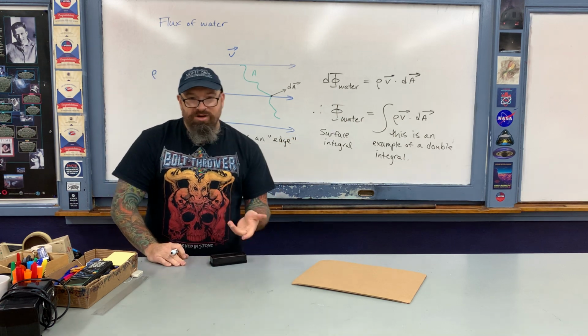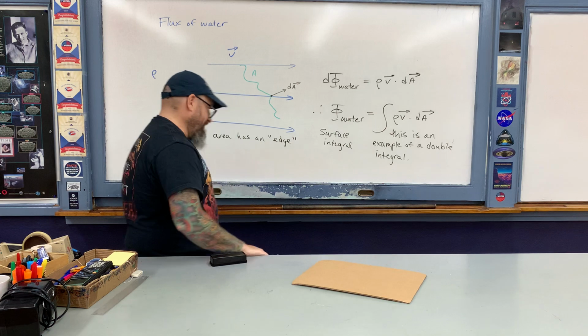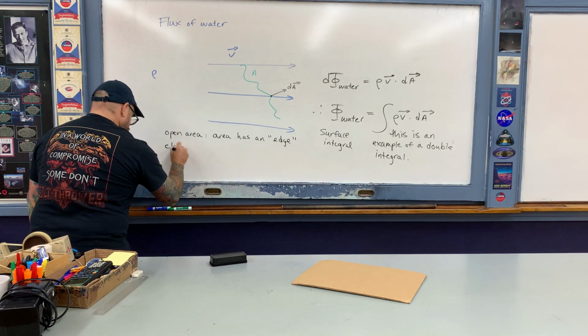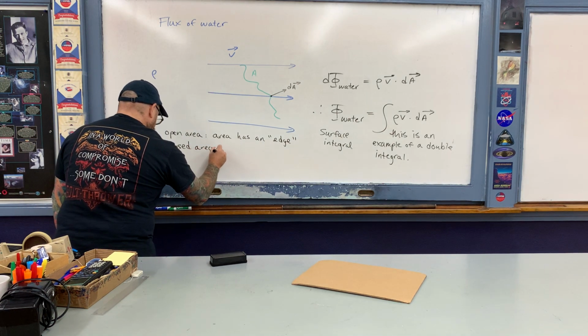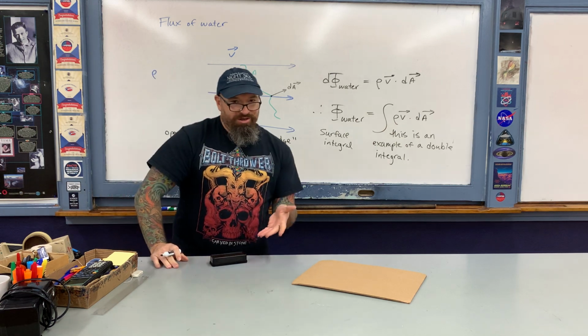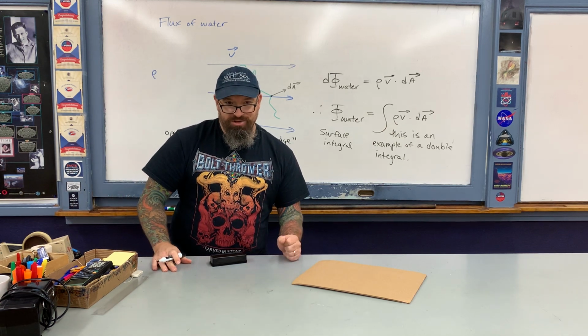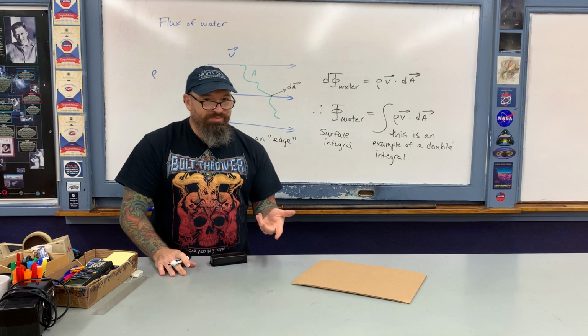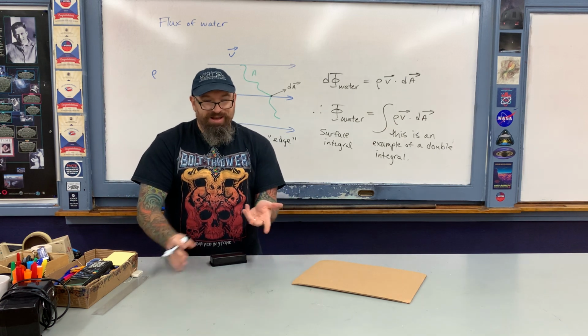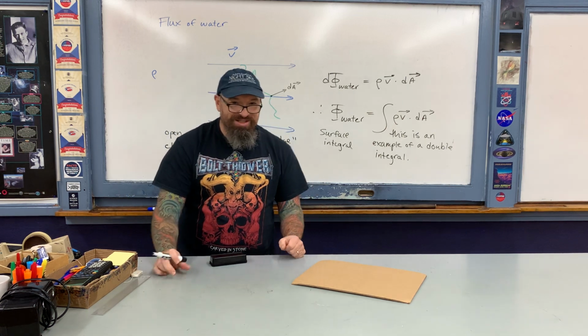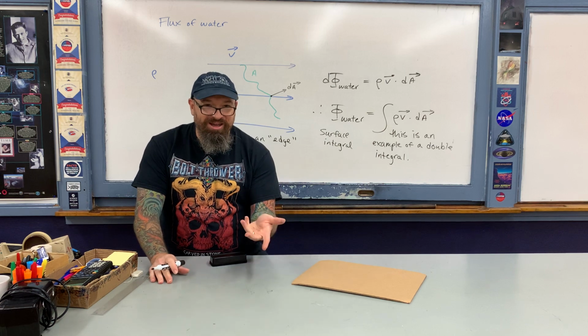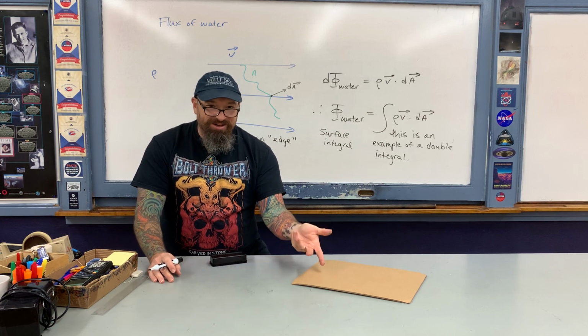Okay, now let me describe to you what is meant by a closed area. A closed area is an area that has no edge. So, for example, imagine being on the surface of a sphere. After all, you're right now on the surface of a sphere. And then you start walking. Are you ever going to come to the edge of the earth?